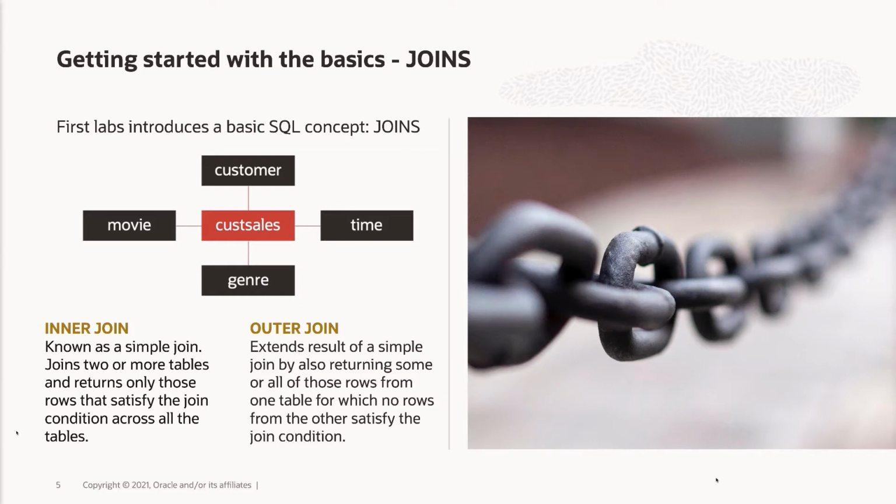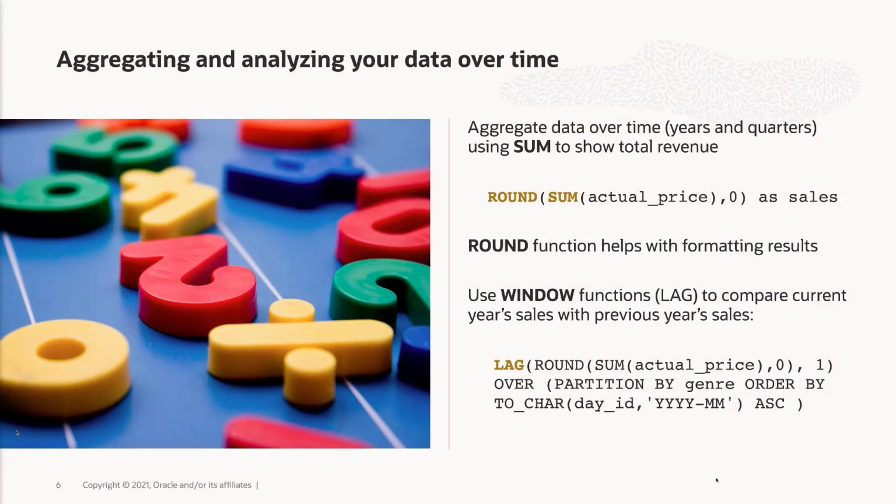And to get that level of detail where I have all of my time elements and I can see the sales by time, and I can also see the days or the months or the quarters where I don't make a sale, I create what's called an outer join, because for those days there would be no record of customer sales. So we're going to walk you through these different types of joins that you can do, and you'll see the different types of output that they generate and how and when to use those different types of joins.